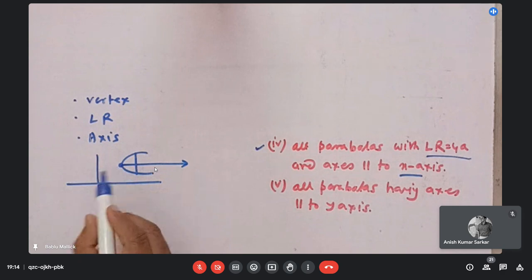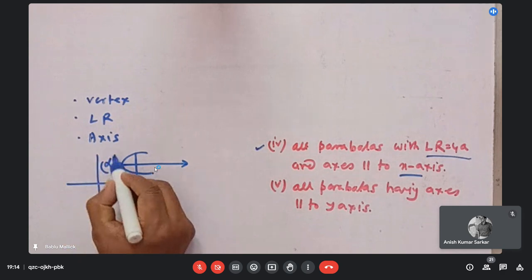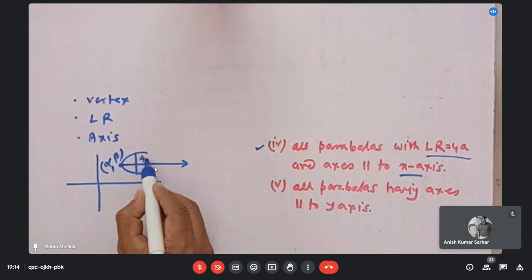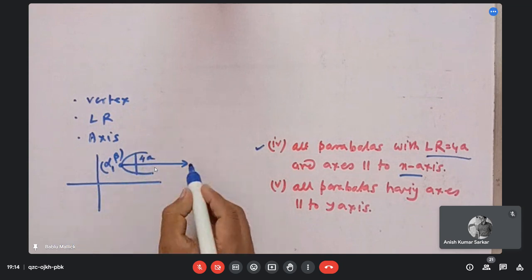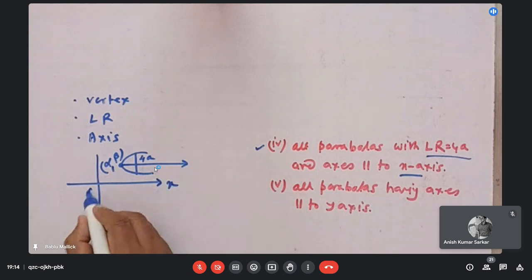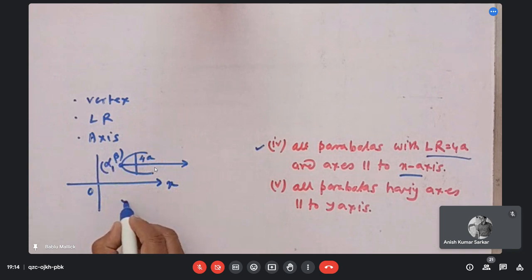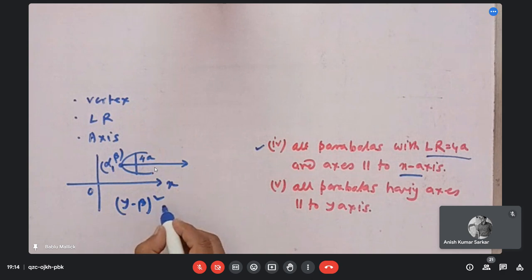If the vertex is alpha comma beta and the latus rectum is 4a and the axis is parallel to the x-axis, then its equation will be y minus beta whole square is equal to 4a into x minus alpha.